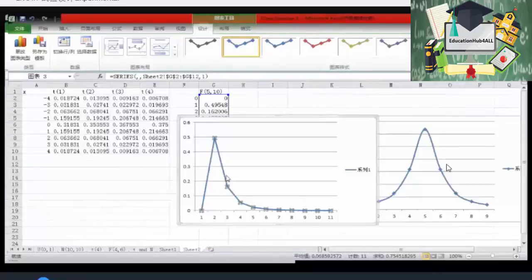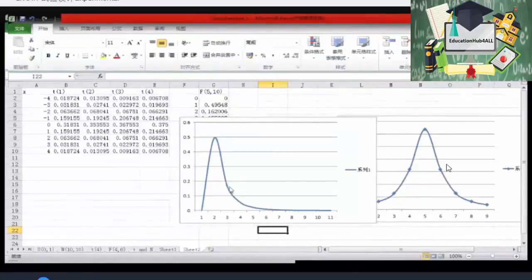Again, if you want to make it smooth, you click your line, right click, format data series, line, smooth. Okay, it becomes much better. So I think the figure in Excel is good enough for publication. Okay, that's it for today.